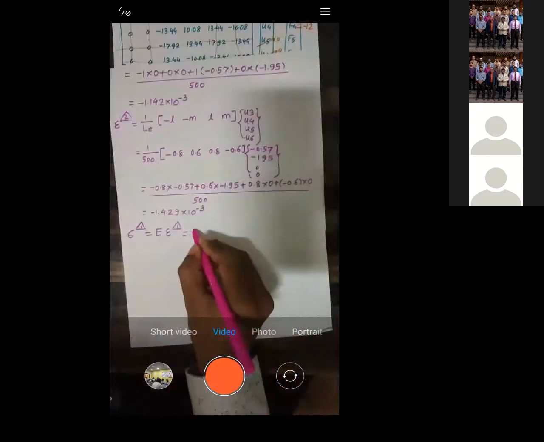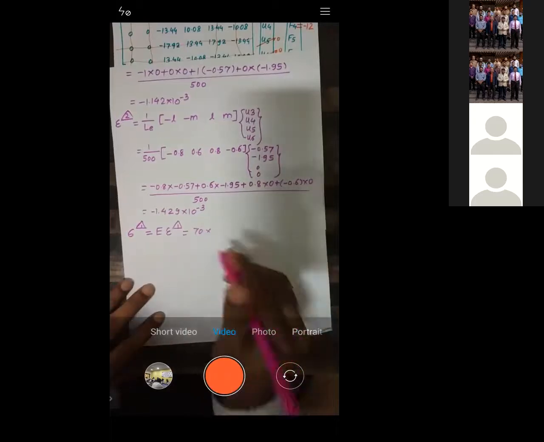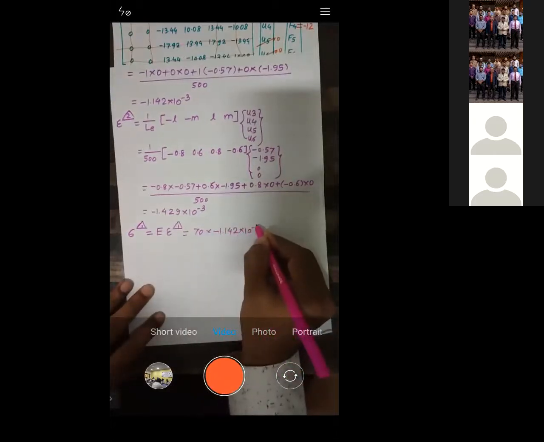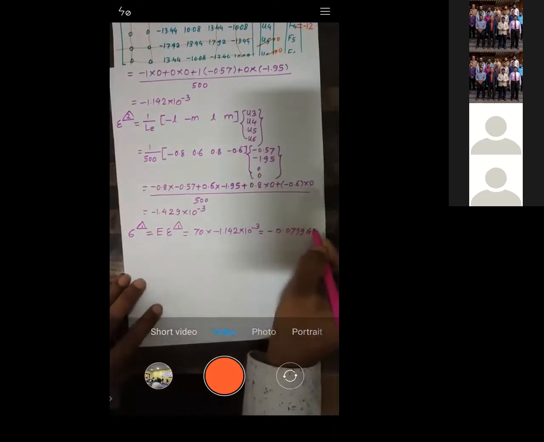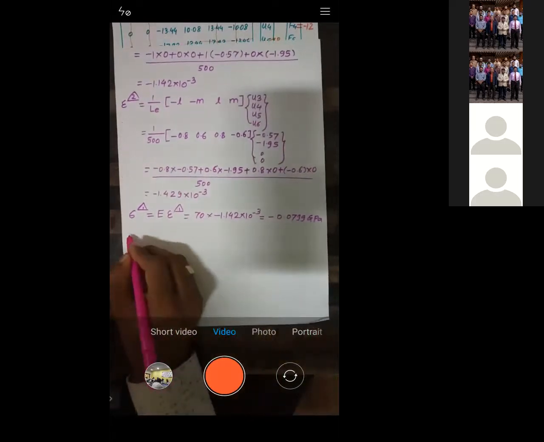So 70 gigapascal multiplied by strain in element number 1, minus 1.142 into 10 raised to power minus 3, will come as minus 0.0799 gigapascal. Simple calculation, no need to spend more time.